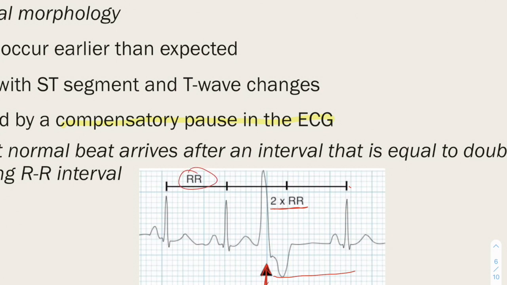As you can see, this is your RR duration normally. This is the expected place where you'd expect to find a beat, but we have an early ectopic complex there, and the duration in between is 2 times this RR interval.